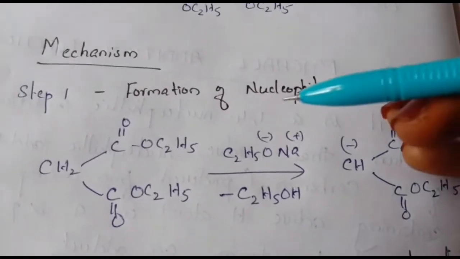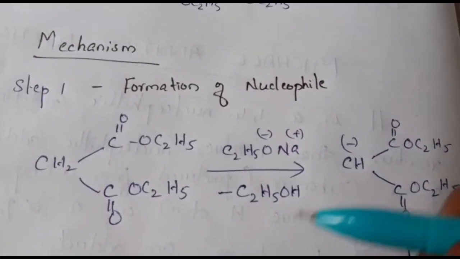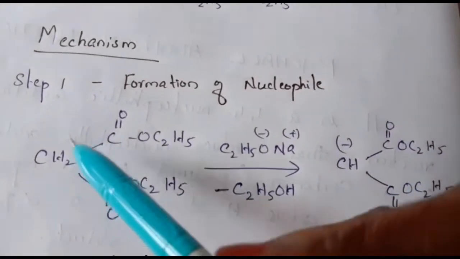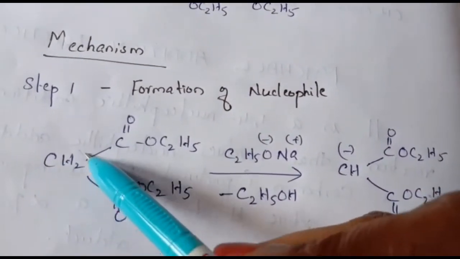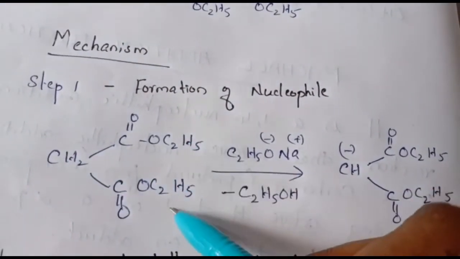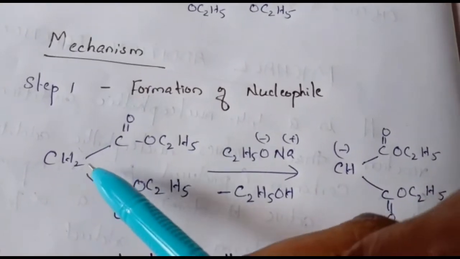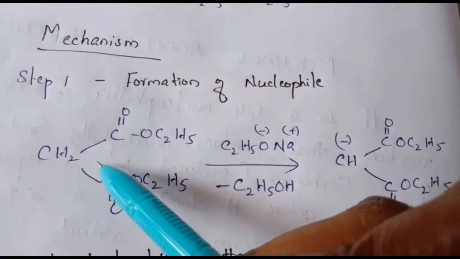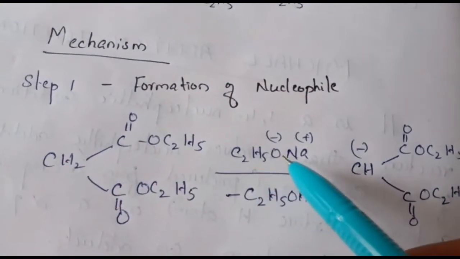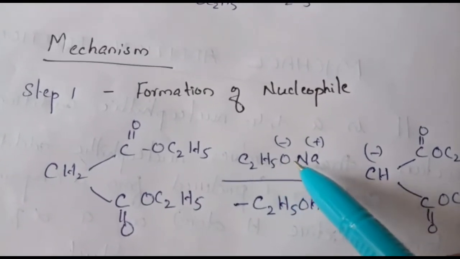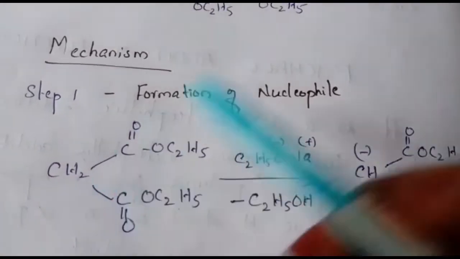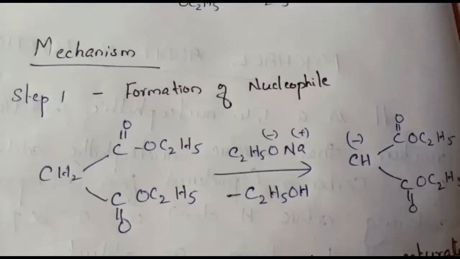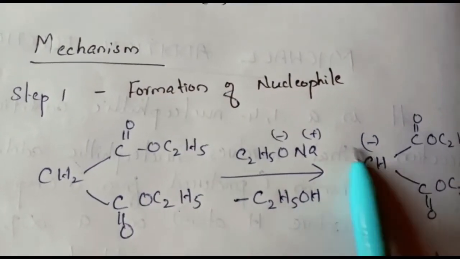First step is formation of nucleophile. So this is our malonic ester, the compound containing active hydrogen atom. This is active because of the presence of the acetate groups attached to this carbon atom. So in the presence of base, here sodium ethoxide C2H5O minus Na plus, this hydrogen atom will be abstracted by this base.